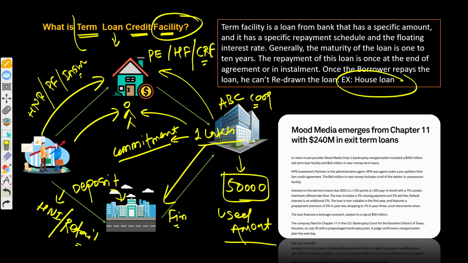Most of the companies, if they are facing any issue, or if their business model is a little complex for generating liquid cash to manage day-to-day operations, in that case, of course, what they do is collateralize their assets and submit them to private equity funds or banks, or maybe other institutions, and then the institutions help that company get that loan facility or term loan credit facility from private equity funds, banks, or any other, even individuals as well, so that they can have enough cash in place to operate or manage their business operations successfully. And that's why term loans are very important.